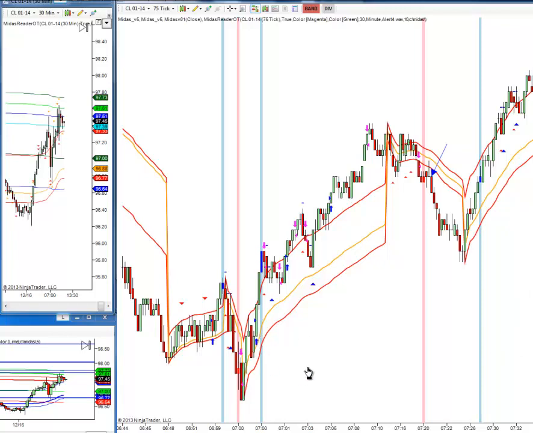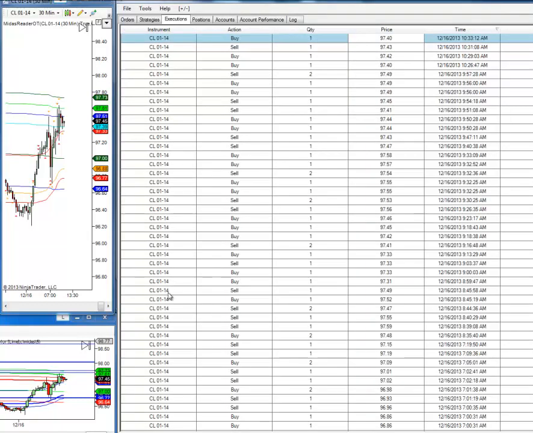Anyway, this is my trade log for the morning. It's in crude oil, and I sent you an Excel spreadsheet showing all these trades.